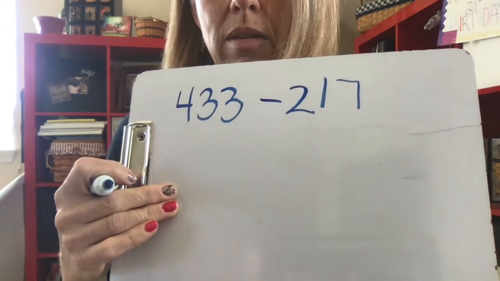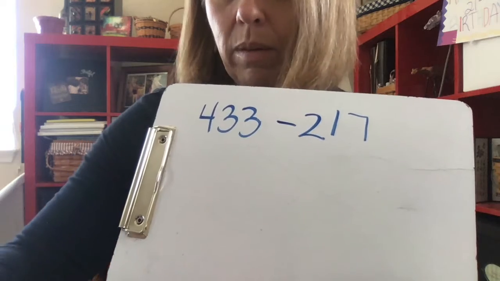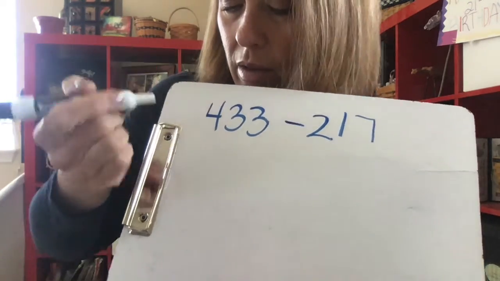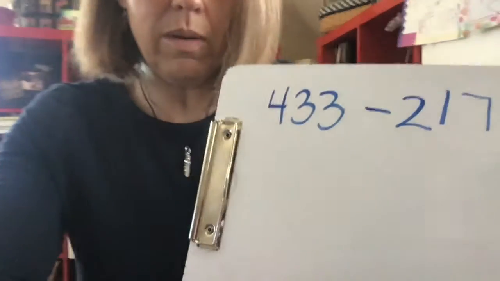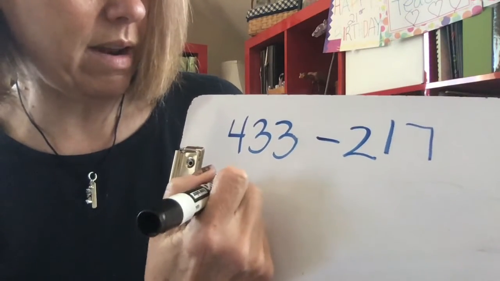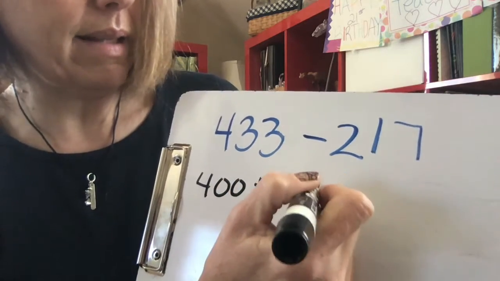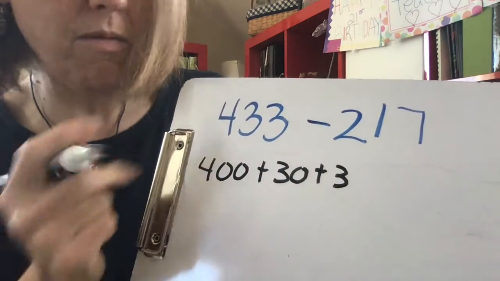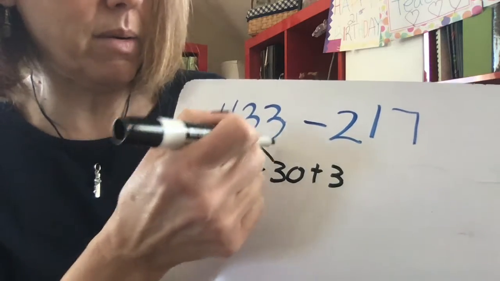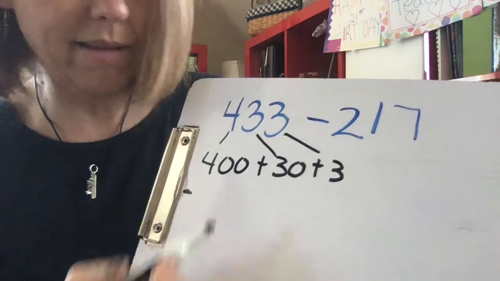Ooh, I already see a problem, but let's not worry about the problem until we start writing it out. So 400, let me turn a little bit so my angle is better. 400 plus 30 tens plus 3 ones. So far following me, all I did was break this number into its pieces.